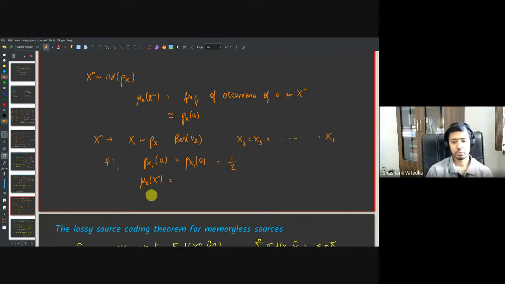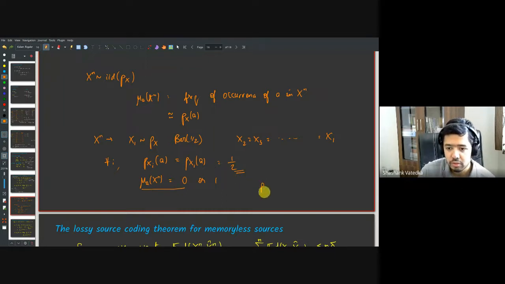So mu A of x1 is either going to be 0 or 1. With probability half, it's going to be 0. With probability half, it is going to be 1. But then the probability of occurrence of x1 or any xi is half. So in this case, mu A of x1 is never going to be equal to a half, right? For any particular realization.